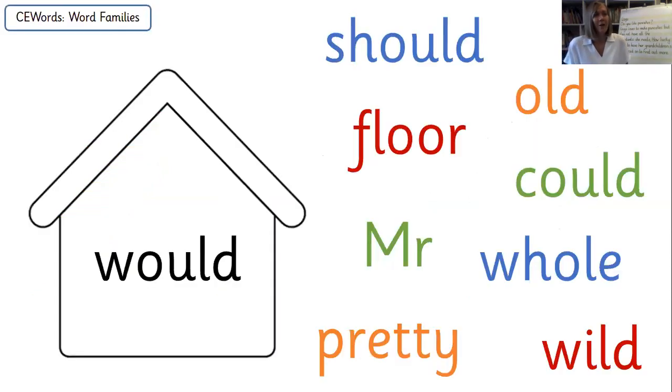So let's start by playing another common exception game. Now we've played this one all the way back in session 1, and we have a word family here. We've got a house and it's got the word wood in. So it's a common exception word, wood. And we are looking for the words on the outside of the house, and we're going to see if any belong in that word family.